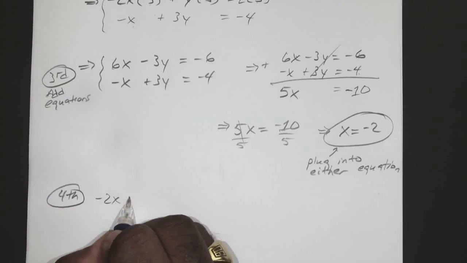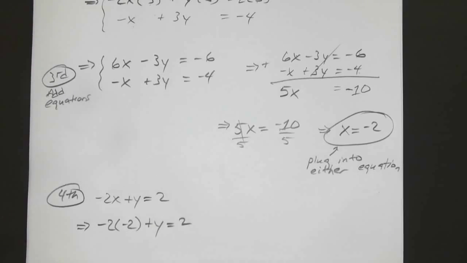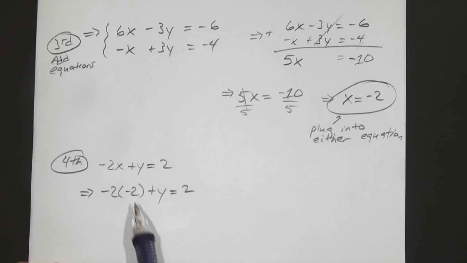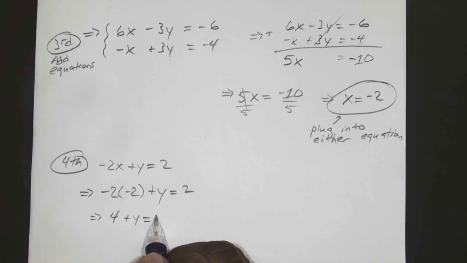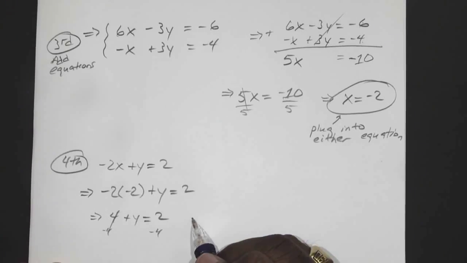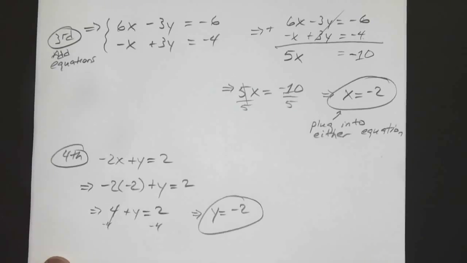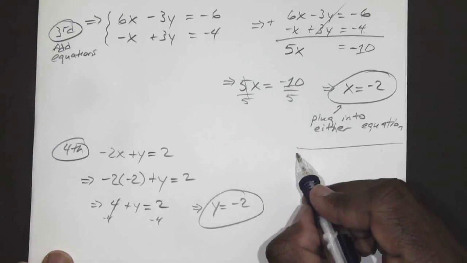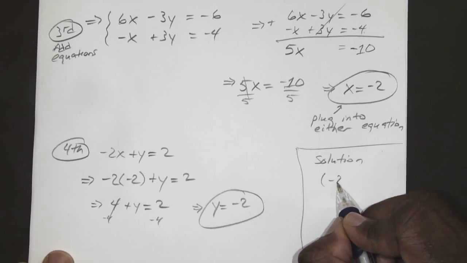That means we have negative 2 times negative 2 plus y equals 2. Negative 2 times negative 2 is positive 4. So you have 4 plus y equals 2. We subtract 4 from both sides. We have y equals negative 2. That means your solution is negative 2, negative 2.